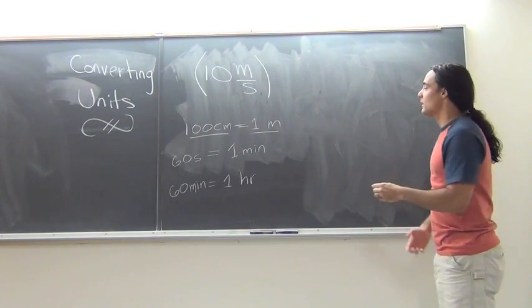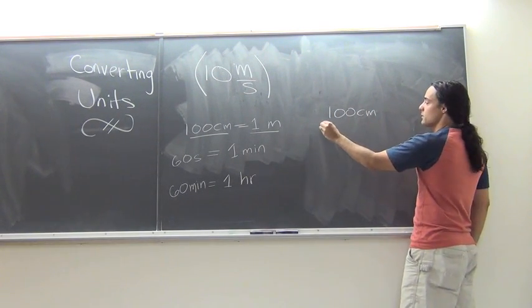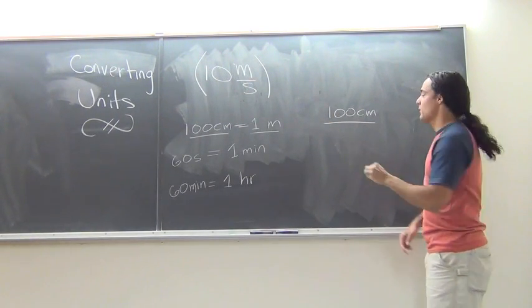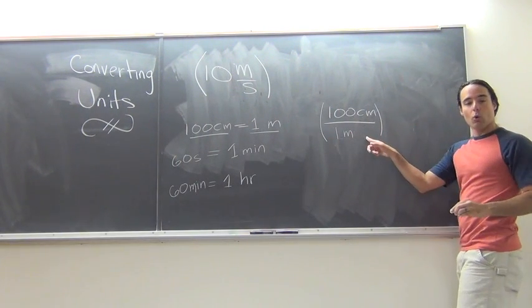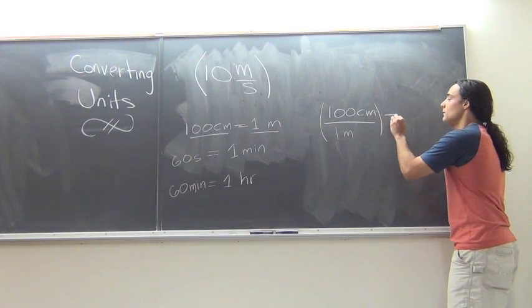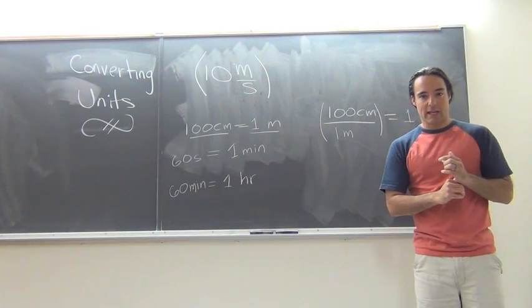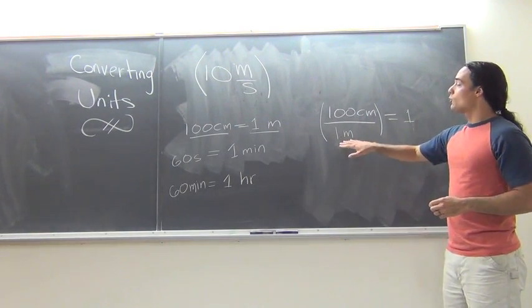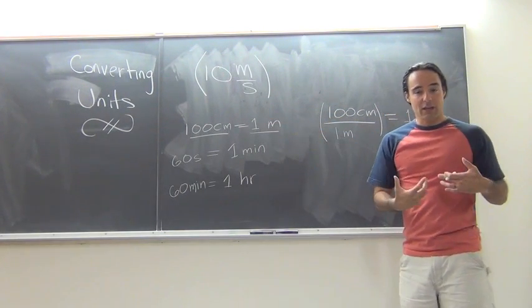Well, that's got to mean that if I divide 100 centimeters by 1 meter, this whole thing has got to be equal to 1. 100 centimeters is exactly the same thing as 1 meter. So I can multiply by 1 and not change this value. It'll still be 10 meters per second.